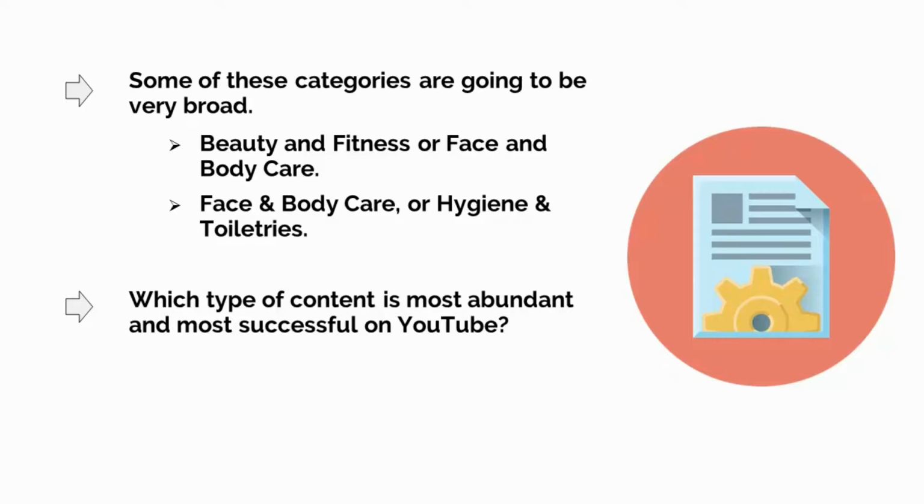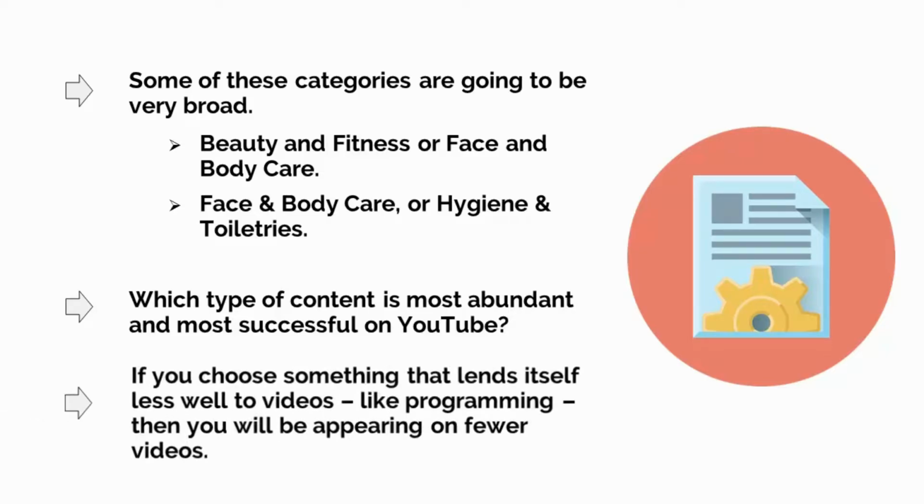Some video topics like makeup tutorials and Let's Play videos come up time and time again, meaning there are more videos for you to appear on, and those videos are likely to be higher profile. On the other hand, if you choose something that lends itself less well to videos, like programming, then you'll be appearing on fewer videos.